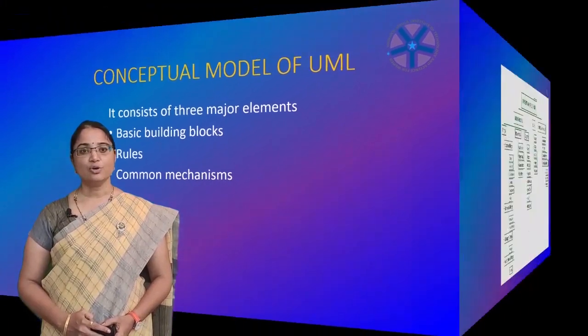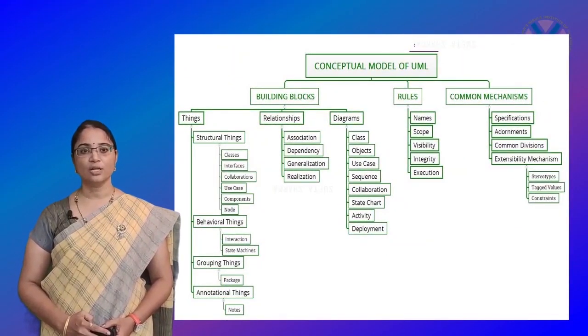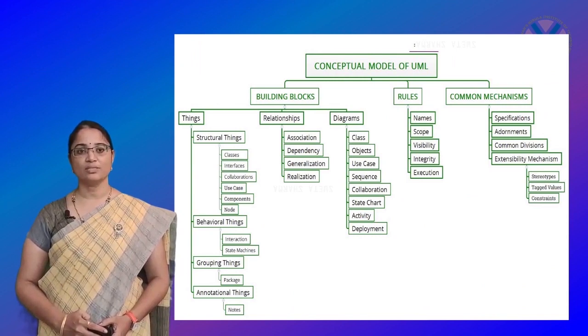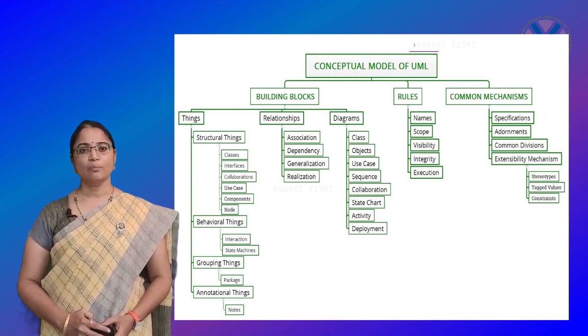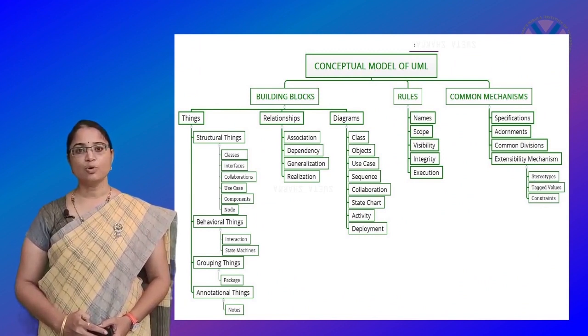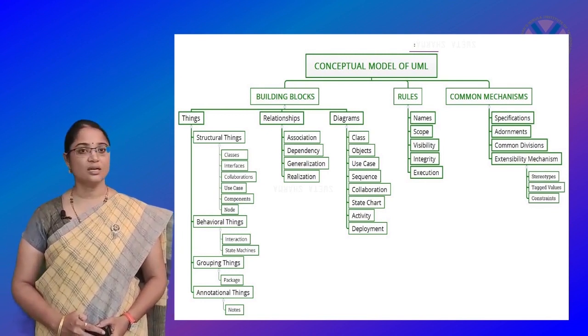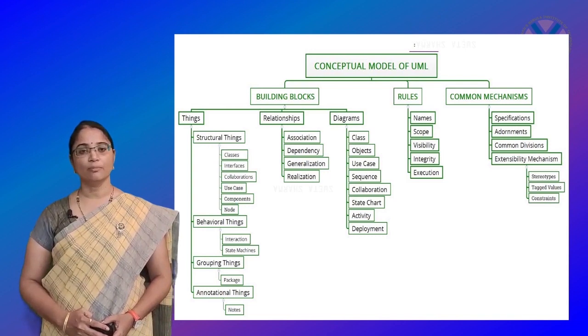Once you have grasped these ideas, you will be able to read UML models and create some basic ones. As you gain more experience in applying the UML, you can build on this conceptual model using more advanced features of the language. Here, you can see the conceptual model of the UML.